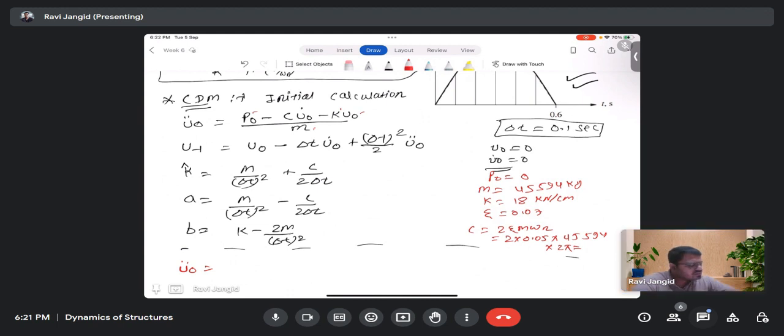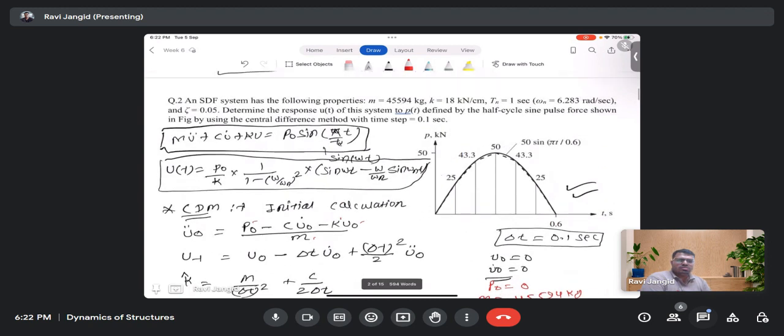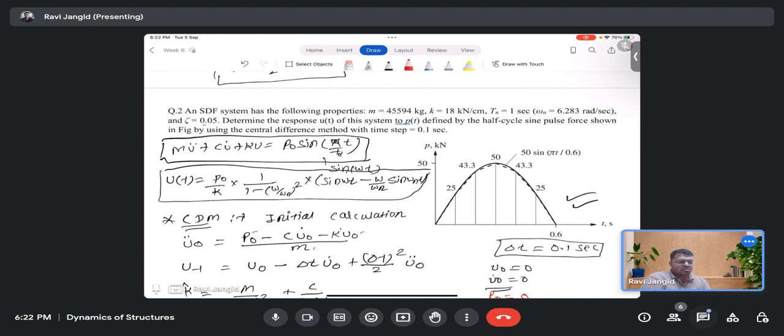Here I am getting 28,584.9 Newton second per meter. Xi is 0.05, that is 5% damping.